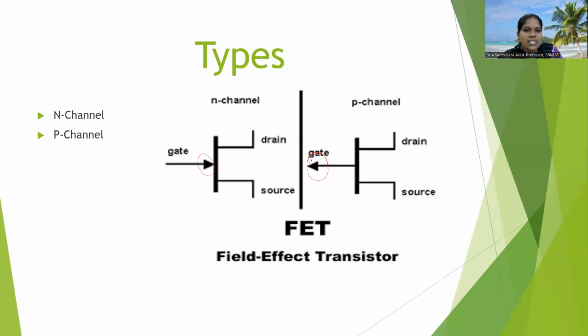In an N channel FET, the arrow points inward, and in a P channel, the arrow points outward. While I explain the working, you will know the reason why the arrows look like this.